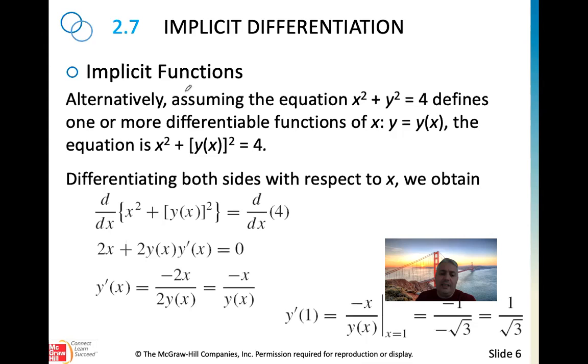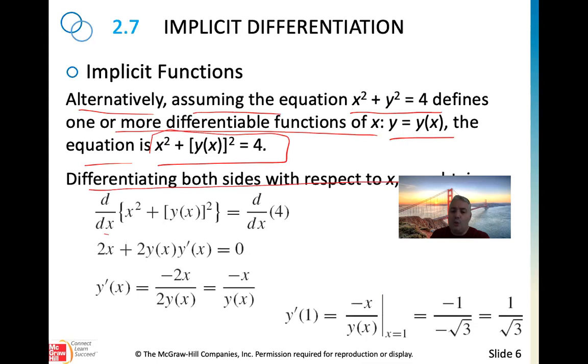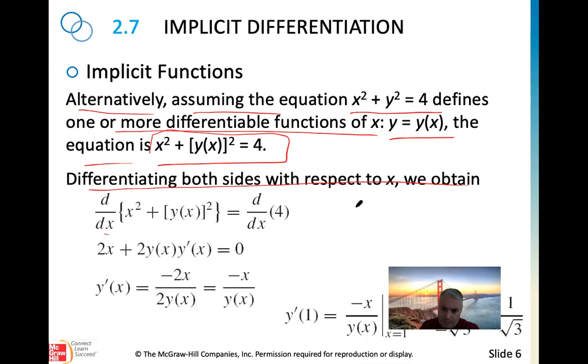Now it says that alternatively, assuming the equation x squared plus y squared equals 4 defines a differentiable function, y is y of x, differentiating both sides with respect to x, we obtain and so on. There is one rule. If you have an implicit function, the result is negative, the derivative of the function with respect to x over the derivative of the function with respect to y.